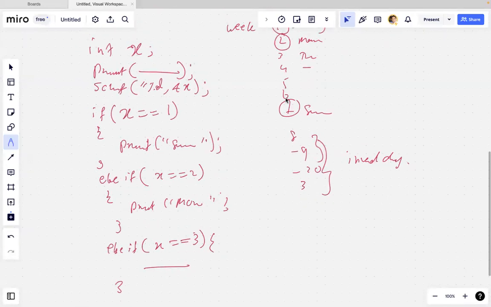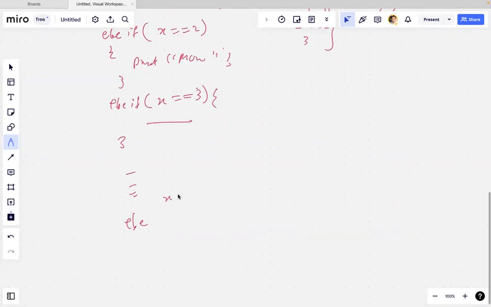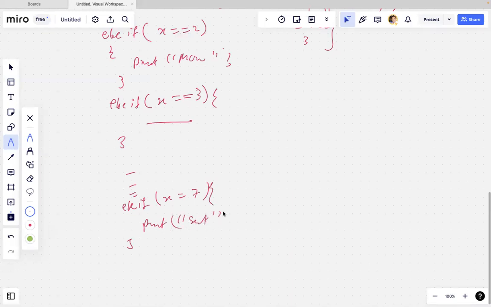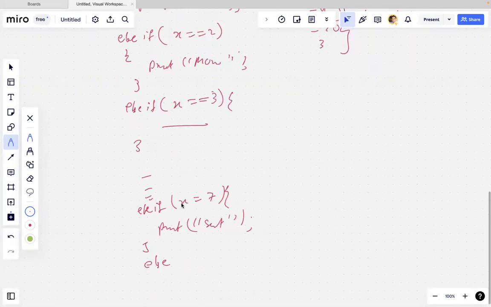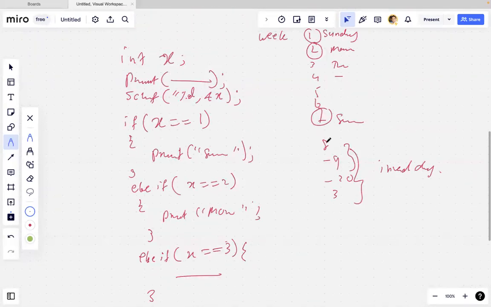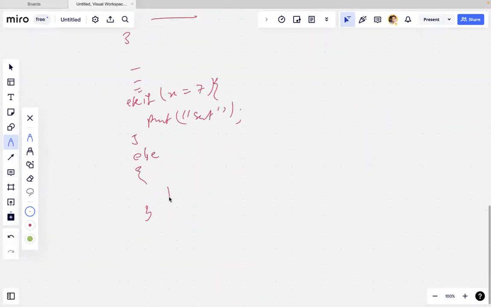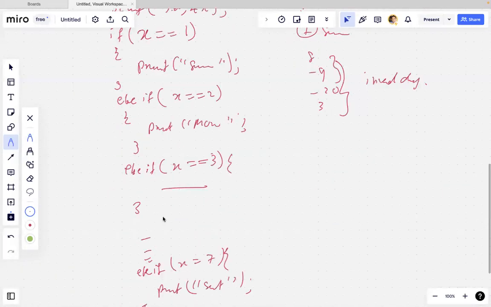You can go up to 7. 7 is Saturday, so the last part is else if x equal 7, Saturday. The last else part, that means not 1, not 2, not 3, and the last part is any other value, that means 8, 9, minus whatever values, we can say invalid day. Now this is the usual if-else ladder we can use.